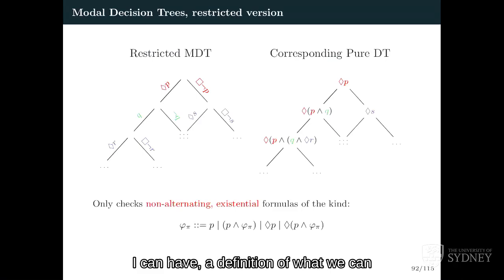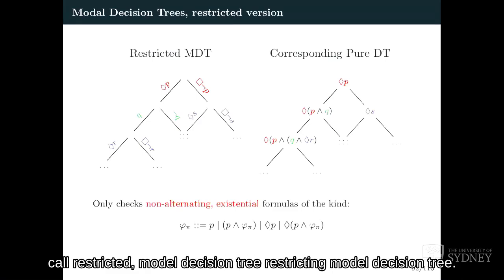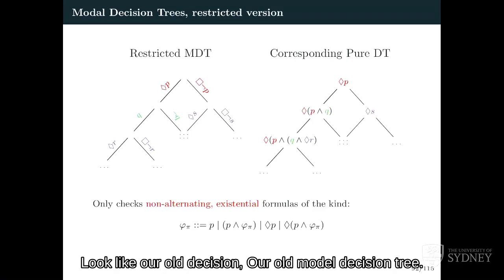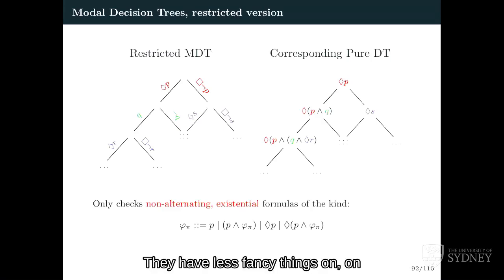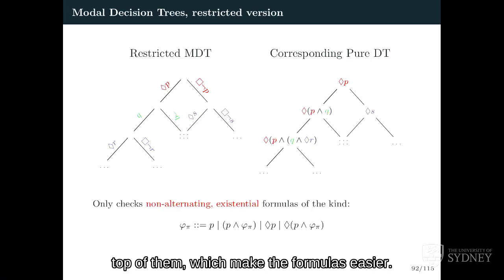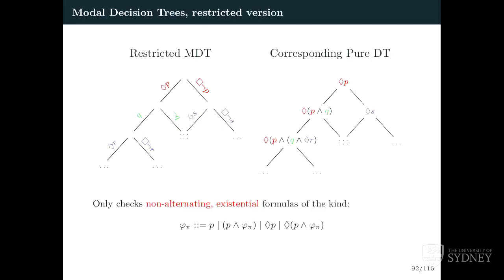I can have a definition of what we can call restricted model decision tree. Restricted model decision trees look like our old model decision trees. They have less fancy things on top of them, which make the formulas easier. And as you can see, they have no quantifier, no alternation of quantifiers.